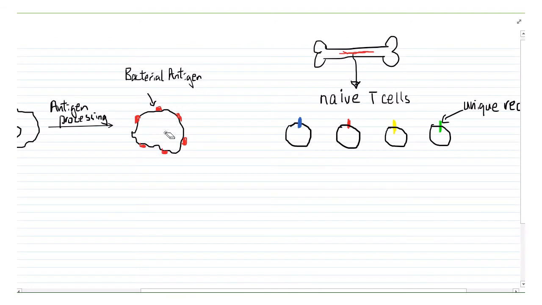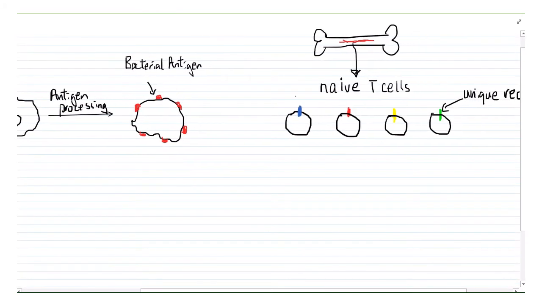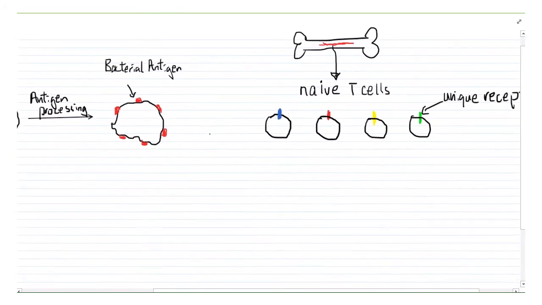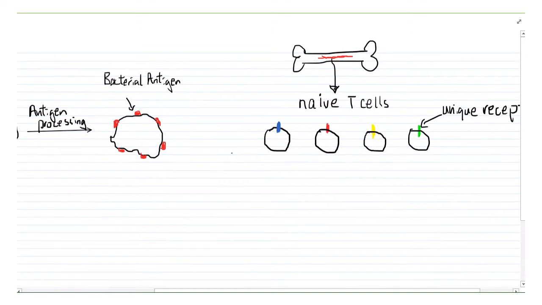So now, back to our macrophage. The macrophage has just engulfed a bacteria. It's very happy about it. It puts it onto the surface, and now is going to show these naive T cells, okay? It's going to try to find a naive T cell that has the receptors to recognize the same bacteria. Okay, so this macrophage is going to come and show it to this cell. So are you going to be able to help with the infection?